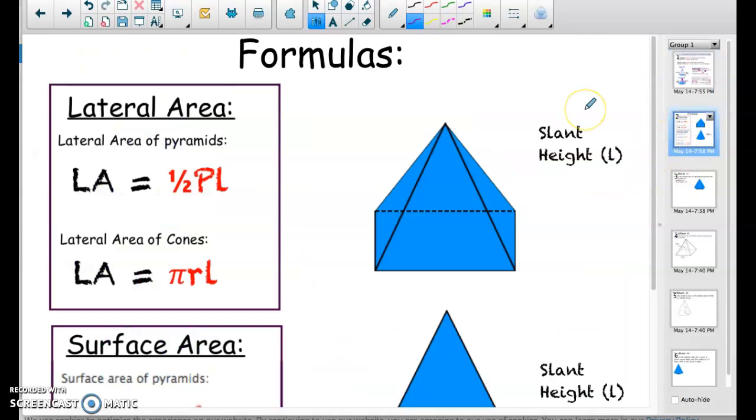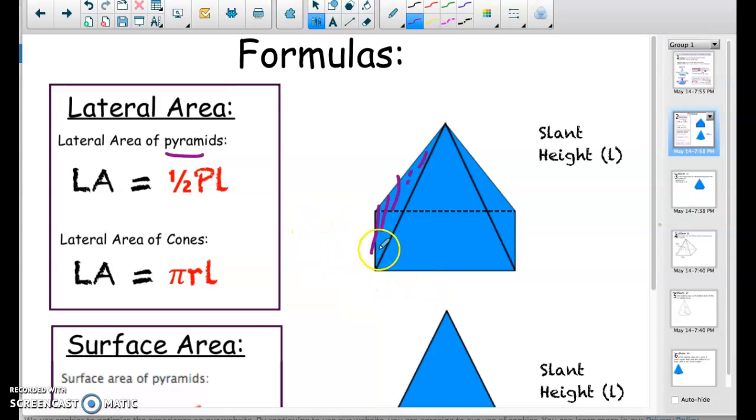Okay, so here are the formulas. The lateral area for a pyramid. Basically what we're doing is we're finding the area of all of these triangular faces. So we've got to find the area of those triangles and add them all up. A shortcut way to do this is just to use the formulas.